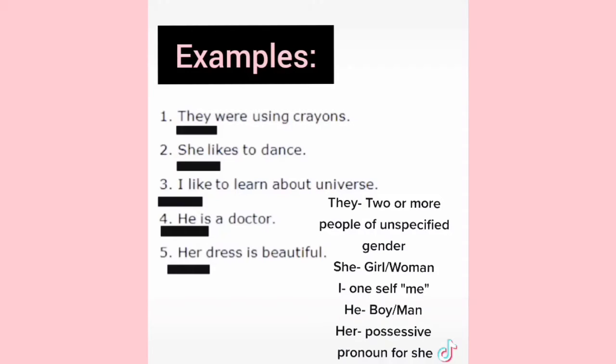Next, he is a doctor, so it means this is a man who is a doctor. Next, her dress is beautiful, so it means you are referring to a girl or a woman whose dress is beautiful.